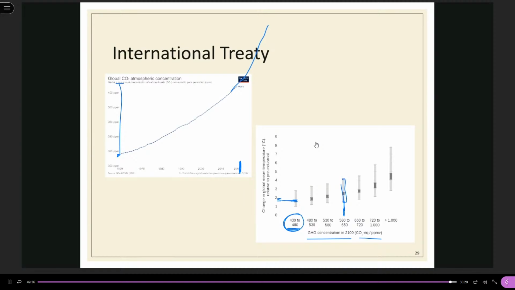And if it increased dramatically to over 1,000, then the air temperature may increase by up to 8 degrees. Now the temperature is 30-something and then increases 8 degrees, so maybe 40-something.